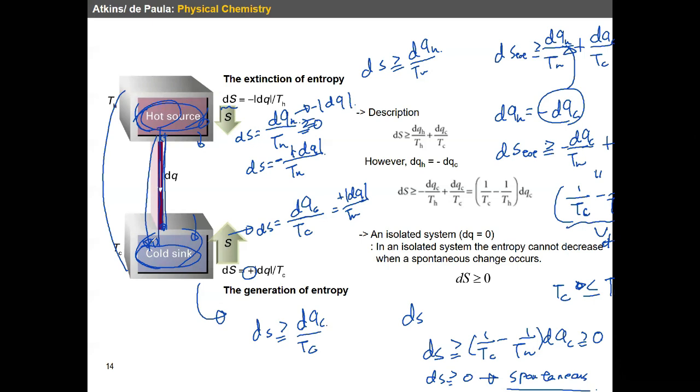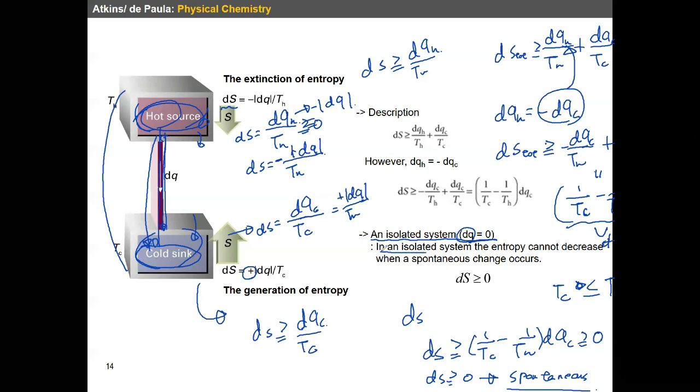So this is the way to explain the situation about these thermodynamic laws. And one more thing is that if that system is an isolated system, then there could be no heat transfer, right?